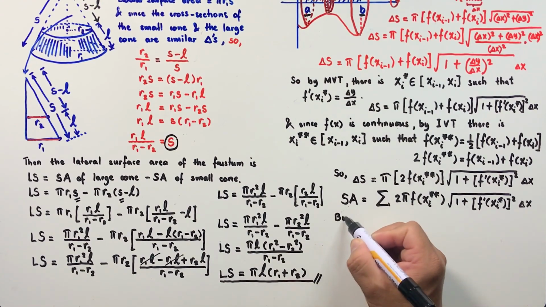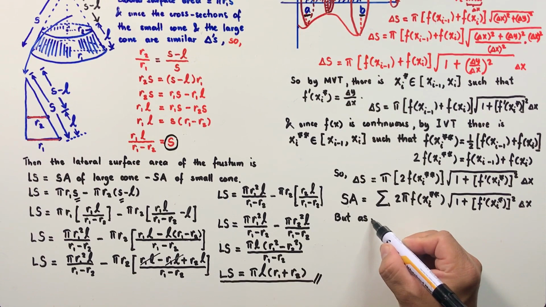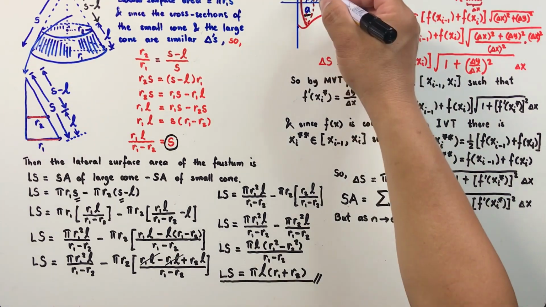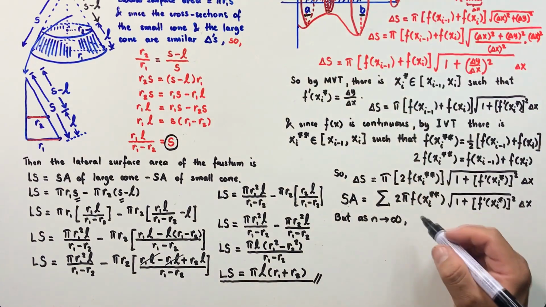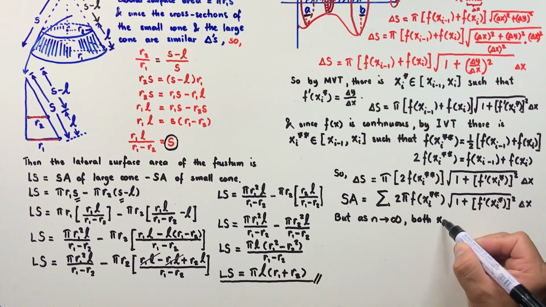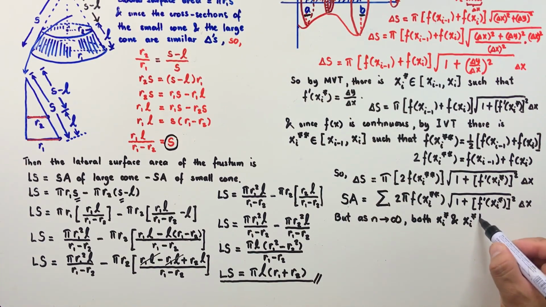However, if you slice the whole surface area of revolution into infinitely many slices, this one from A to B, then both x sub i single asterisk and x sub i double asterisk approach x.